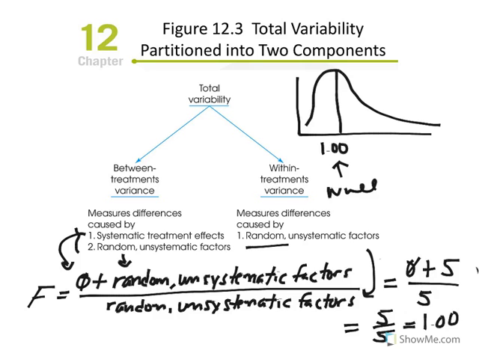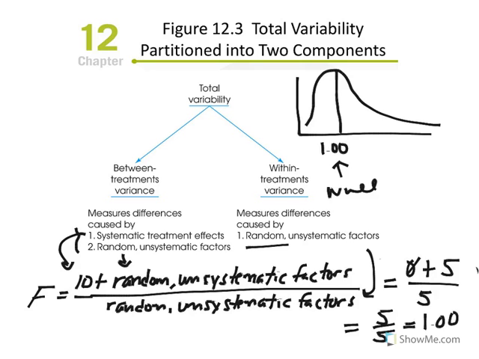When the treatment does have an effect causing systematic differences between samples, the combination of the systematic and random differences in the numerator should be larger than the random differences alone in the denominator. So for example, let's say instead of seeing 0 representing the systematic treatment effects, we calculated a number equal to 10.